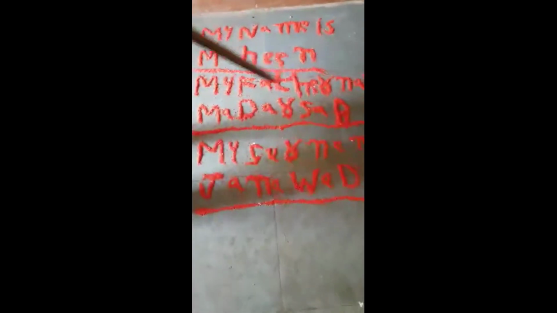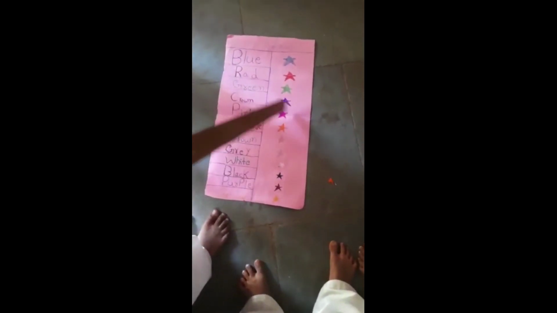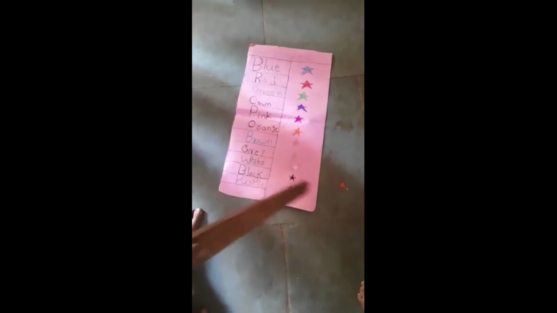My name is Mahin. My father's name is Nadarsa. Your surname? Colors name: blue, red, green, brown, pink, orange, grey, white, black.